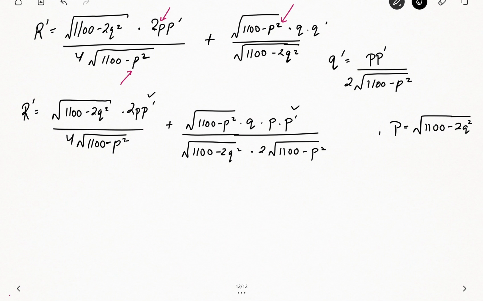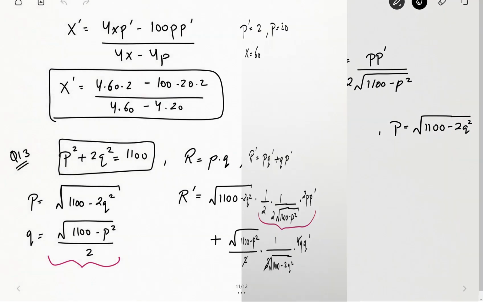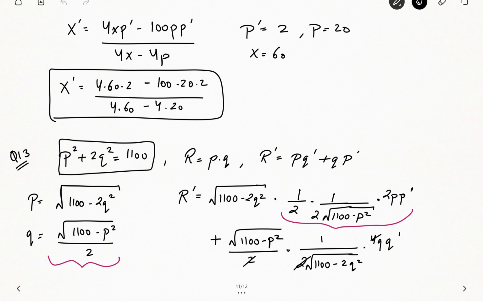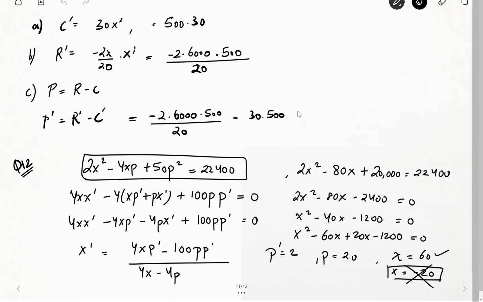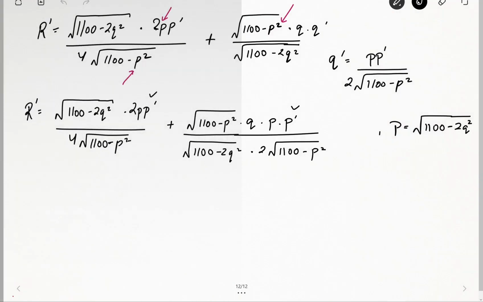Now, what I want to make sure that we get is, out of this expression, if you see closely, 1100 minus 2q squared is p, and this must be the other case, right? So we're going to replace everything in that form. Oops, I'll go back a bit.